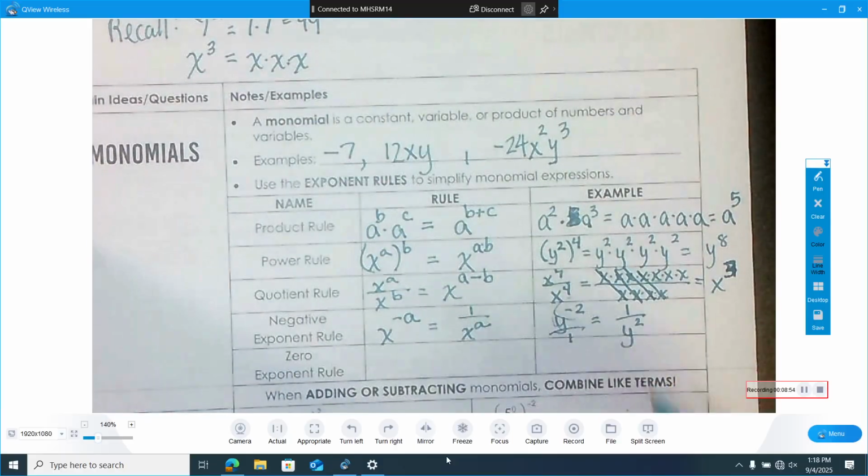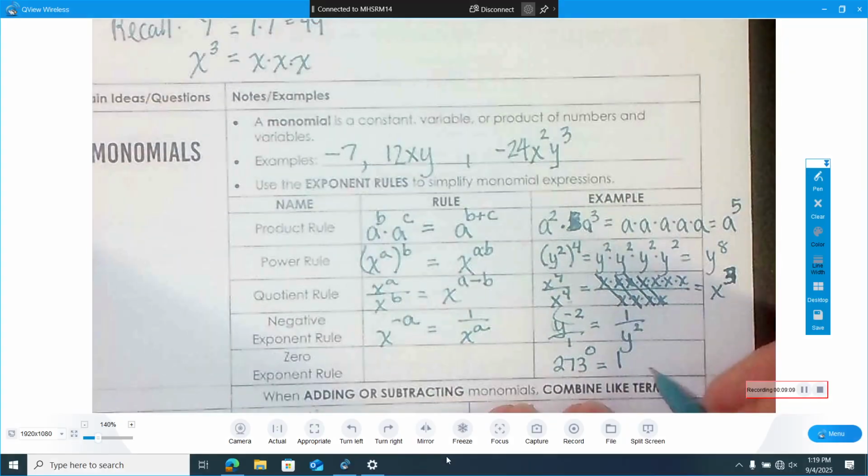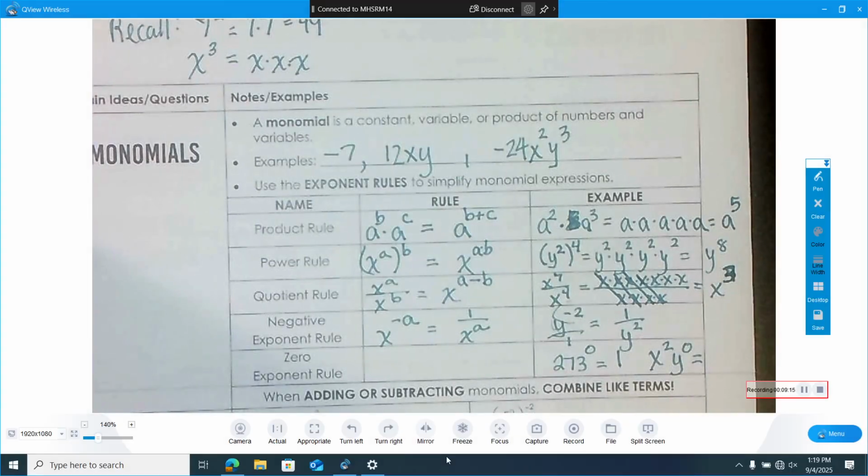The zero exponent rule. What is 273 to a power of 0? 1. Always, always, always. Any number to a power of 0 is 1. What is, trick question, x squared y to the 0? X squared.